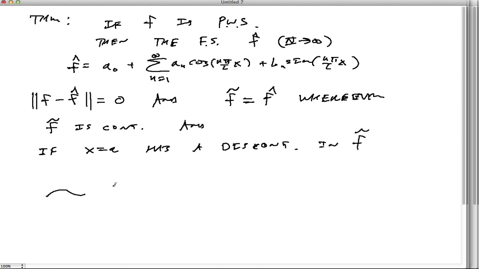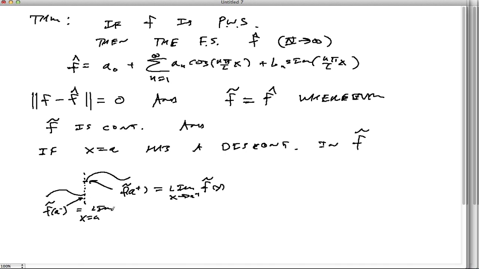So we're looking at a point like this where we have a discontinuity, so that's x equals a. What we define here is we define this point what we'll call f of a plus, and here we'll call that f of a minus. The first is equal to the limit x goes to a from the positive side of f of x. I should put this as the periodic extension, and the second is equal to the limit x goes to a from the negative side of f of x tilde.